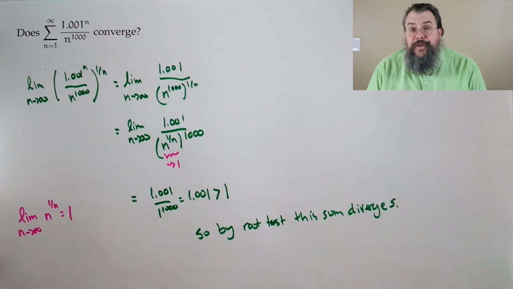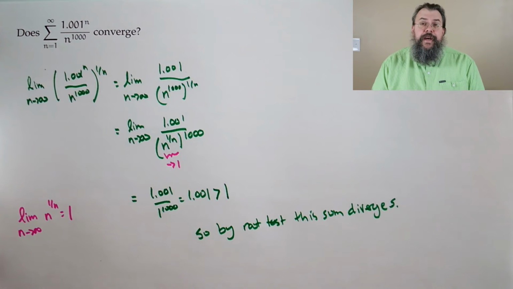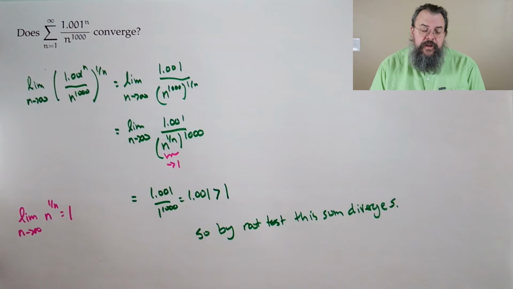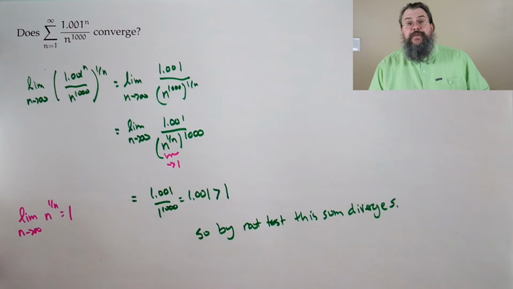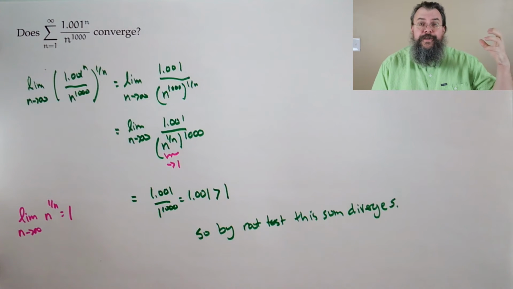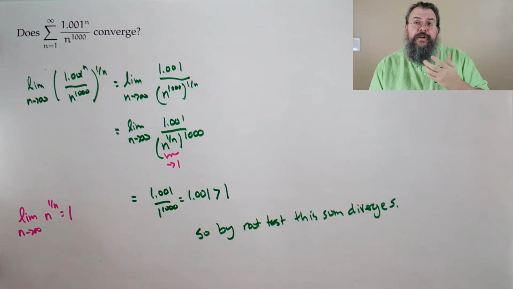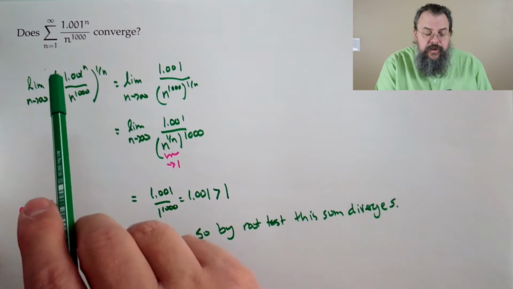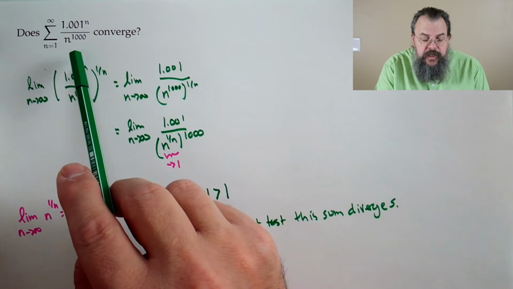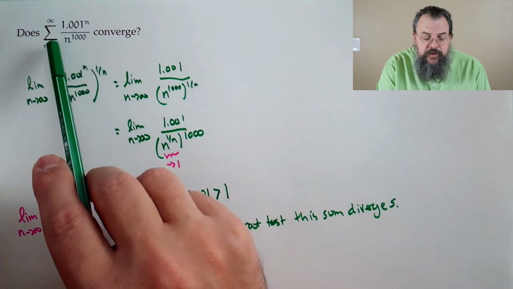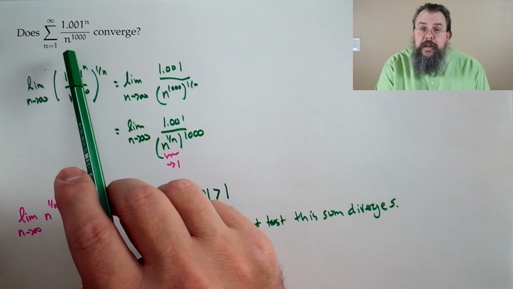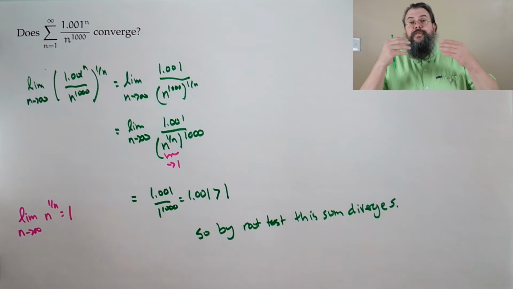Now, you could have used other tests. Whenever you use the root test and find that the sum diverges, what it really means is that the terms get arbitrarily large. So you could have just used the divergence test. If you came to this expression and asked what's happening to this term as n goes to infinity, well, it goes to infinity over infinity.